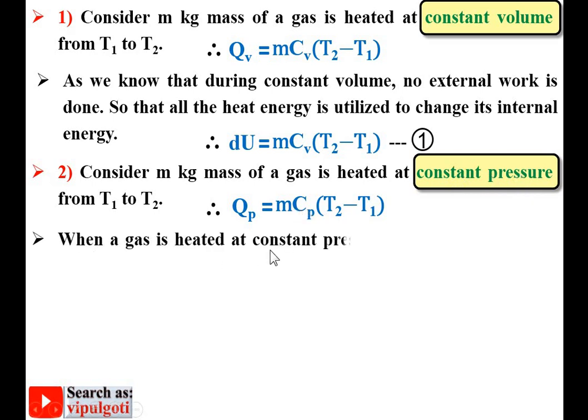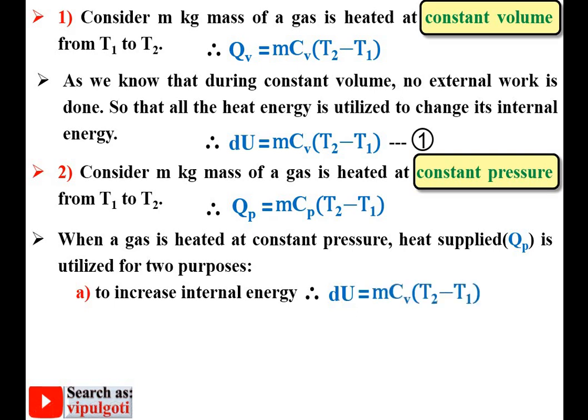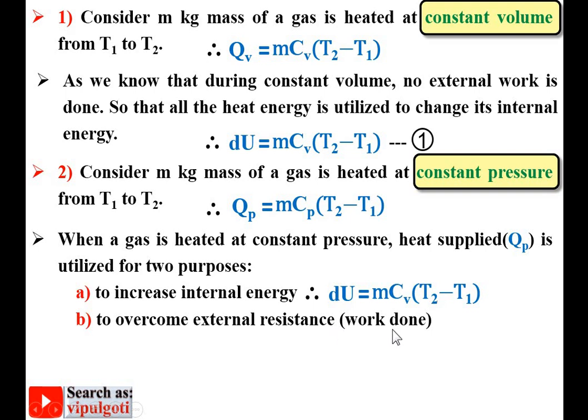When a gas is heated at constant pressure, the heat supplied, Qp, is utilized for two purposes. First, to increase the internal energy: dU, the change in internal energy, is always m Cv (T2 minus T1). Second, to overcome the external resistance, that is, the work done.